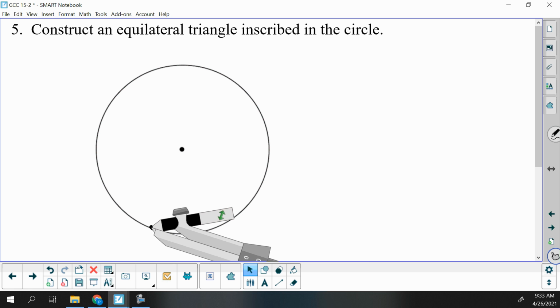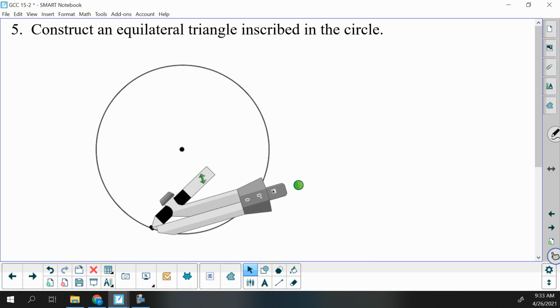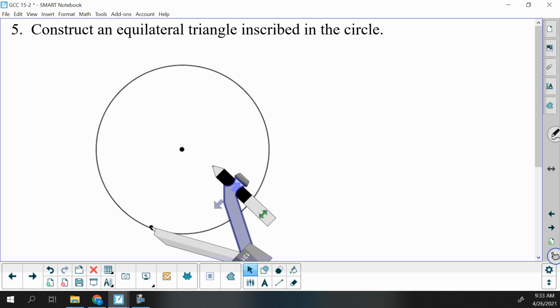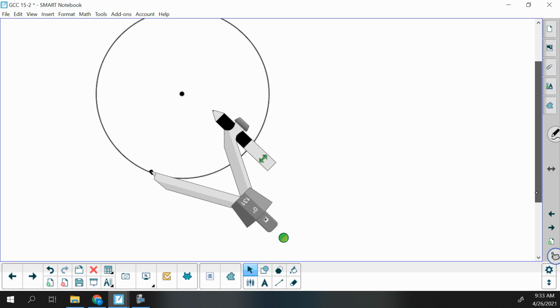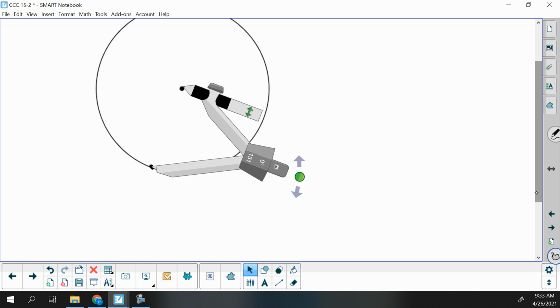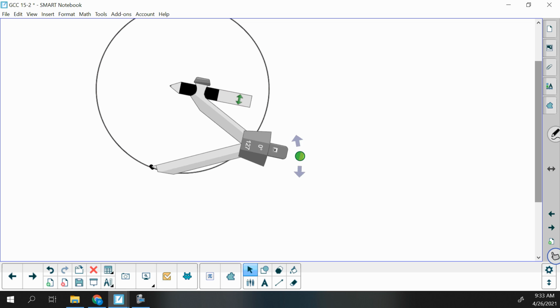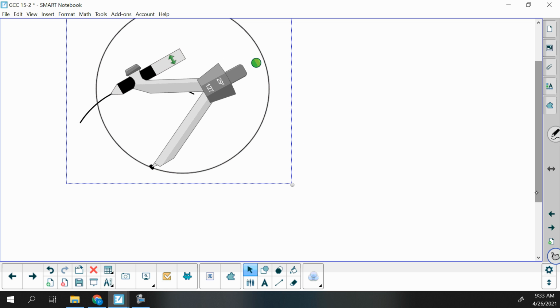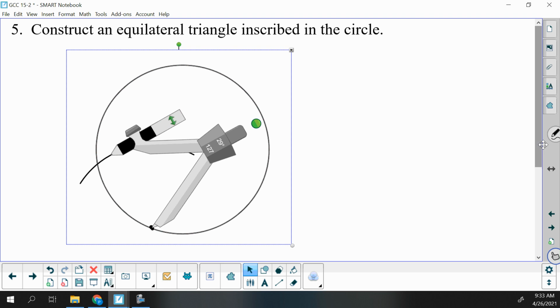So put your point on the circle. Open up so that it'll go through the center. We'll make an arc to hit the circle. And then we'll just keep repeating that all the way around.